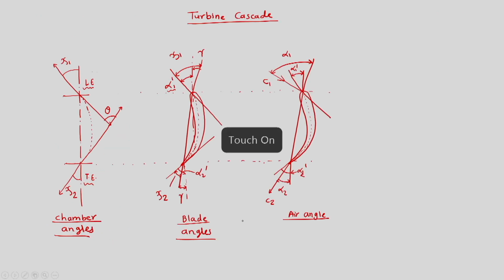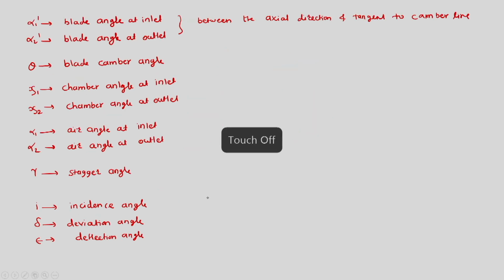So if we go back, we see that alpha 1 dash and alpha 2 dash are the angles with the axial direction. This is the velocity vector. This velocity vector has two components, one is cx1 and the other is cy1. This is the direction of cx1, the axial velocity, or in our language ca1, which is the axial direction of velocity. So the angle made by the tangents with the axial direction is alpha 1 dash and alpha 2 dash at the inlet.